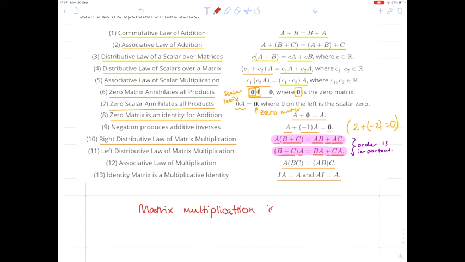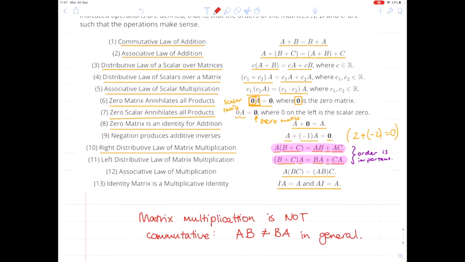So A times B is not generally equal to B times A. You might have special cases where it is, but in general this is not the case.